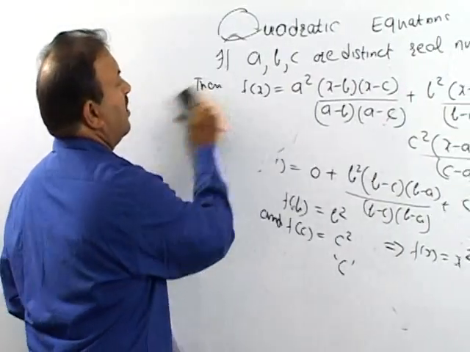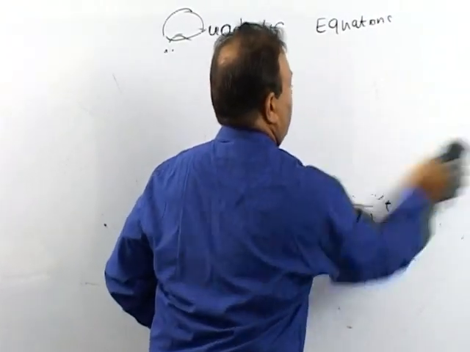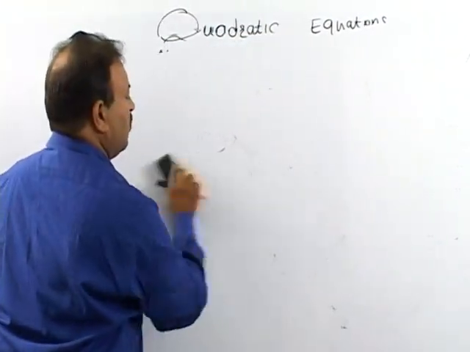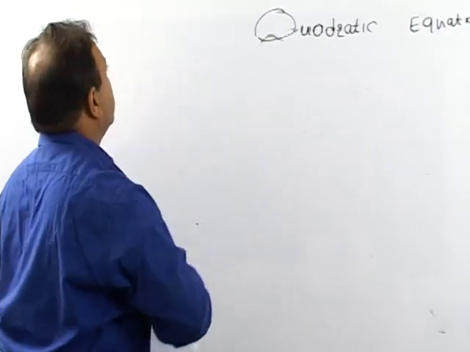Now the next thing about the quadratic equation, you might have done in class 10. We are again going to repeat it. Nature of roots.